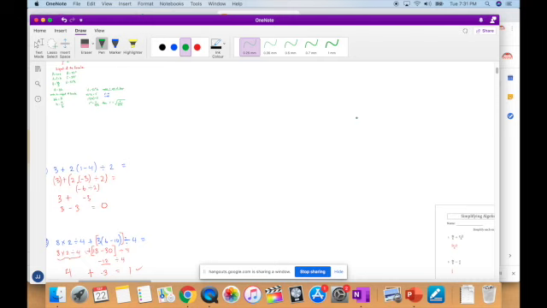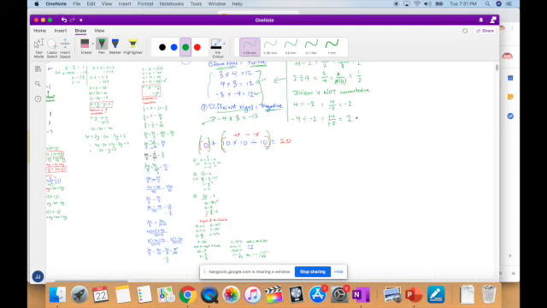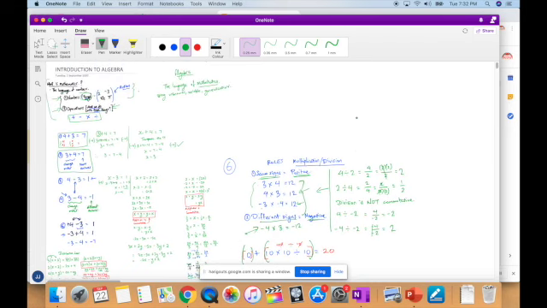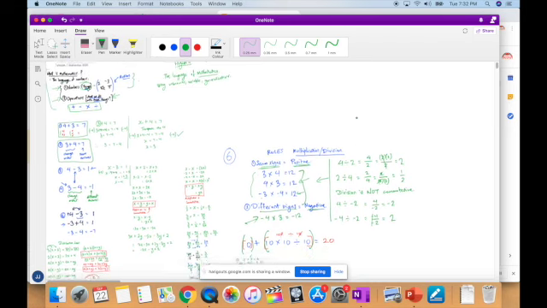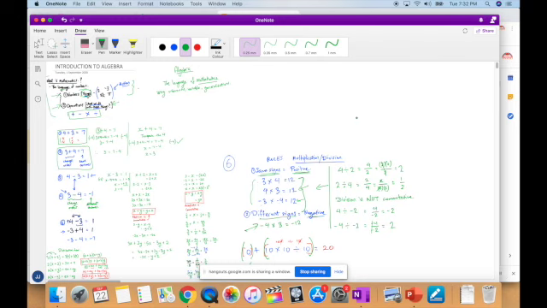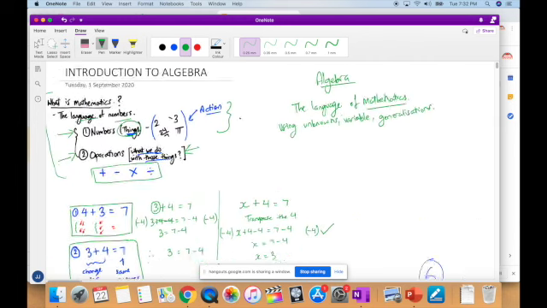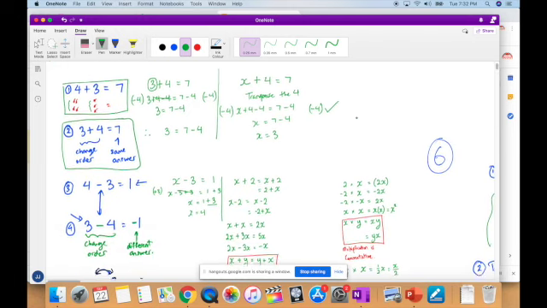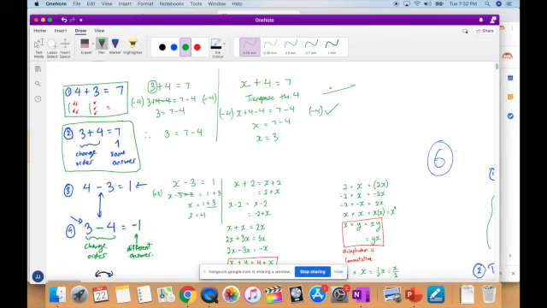So today, we dealt with a lot of stuff. We talked about what is algebra, and we saw that algebra is a language of mathematics using unknowns, variables, and generalizations. We started to talk about simple addition and subtraction, and we also spoke about this whole transposing thing, and you saw that transposing was normal basic arithmetic.